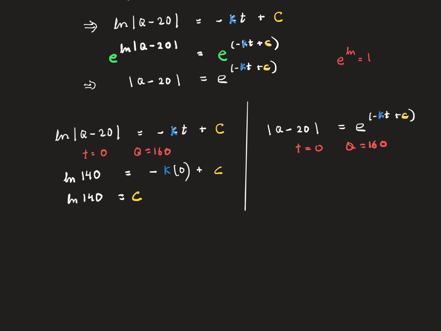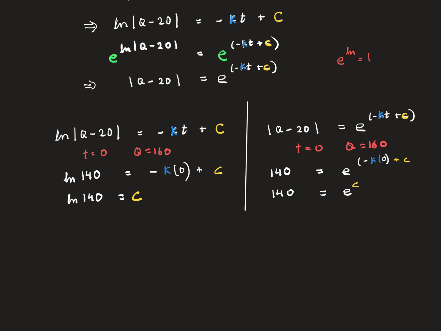On the other side, we have again 140 is equal to e to the minus k, and this was 0 here because we had at time 0, plus c. So what we get is 140 is equal to e to the c.